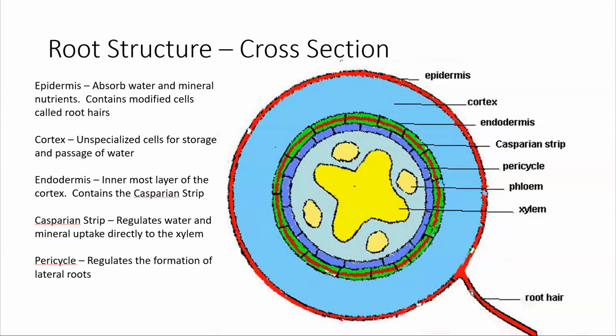Okay, so the root hair has magnesium ions in it, and it has a higher concentration of those ions within the root hair, and there's a lower concentration of magnesium outside of it.